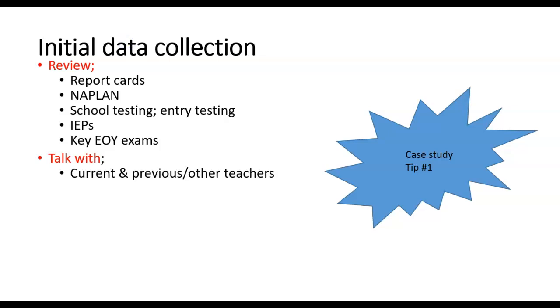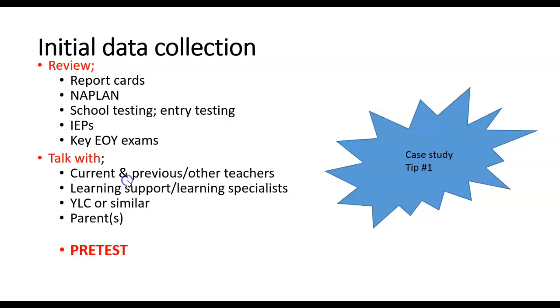That's quantitative perhaps, and this is qualitative. Talk with their other teachers, learning support, their year level coordinator, their parents, pre-test them, survey them, look at work samples that you might collect in week 1 of your GTPA, and you'll get a rich array of data collection.